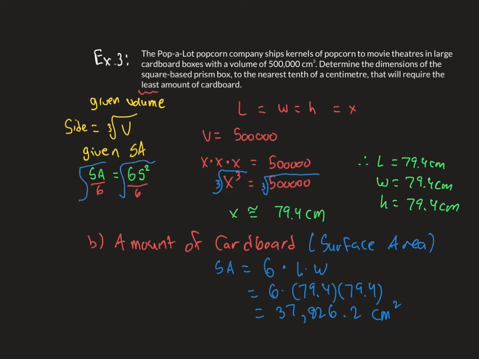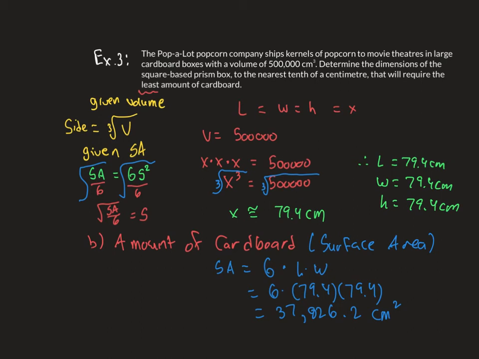So that's going to leave me with my side is equal to the square root of surface area over 6. So if you're given your surface area, you're going to do the square root of your surface area divided by 6. And that should give you your sides. All right. And that's how you find the minimized area for the cube.